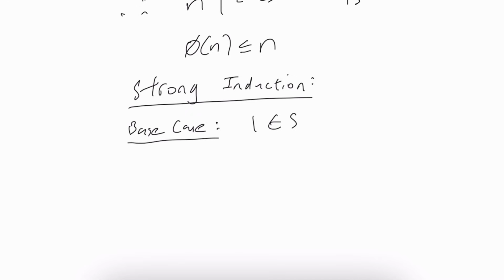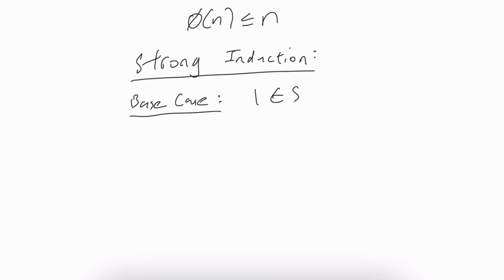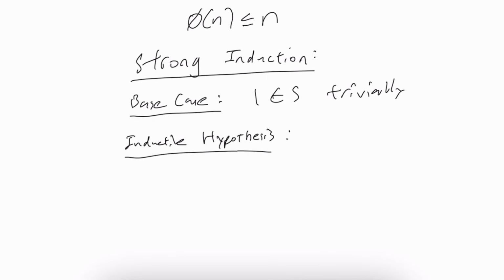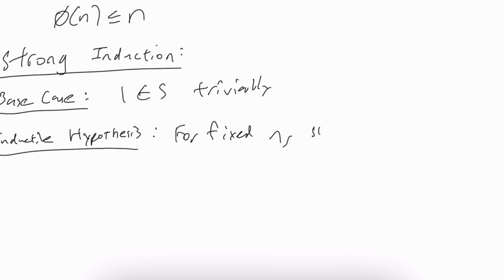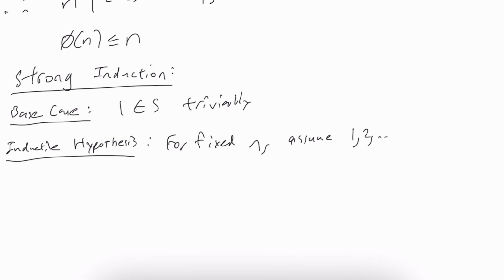We have 1 as an S. And then for our inductive hypothesis, for fixed n, assume 1, 2, all the way to n are also in S.